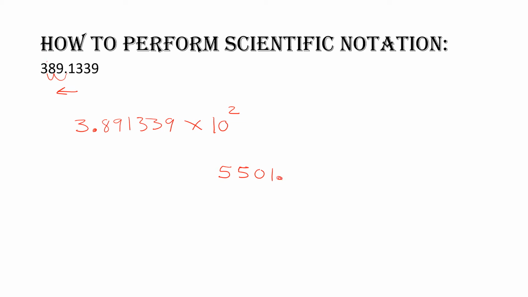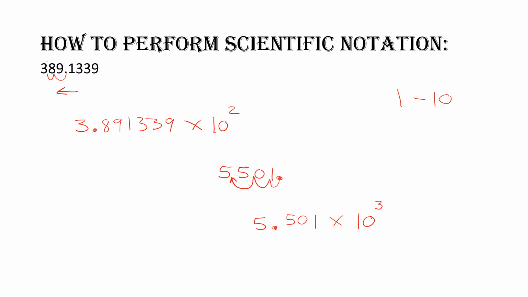So I move that point 1, 2, 3 in order to make this number stand between 1 and 10. So now we have 5.501. So that will be the same thing as 5.501 multiplied by 10 to the power of 3. Why 3? Because I move the point 1, 2, 3 places to the left.